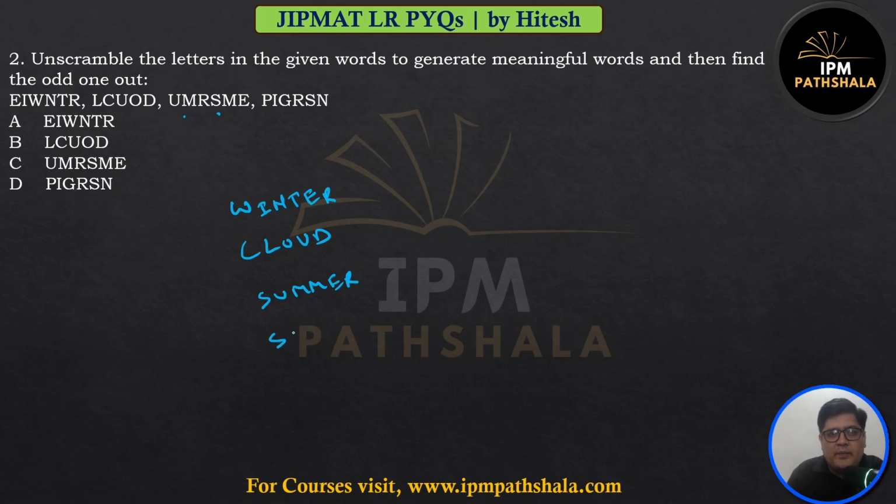This one looks like spring. So these are seasons. Winter is a season, summer is a season, spring is a season. Cloud is not a season. Answer option B. Your ability to solve this faster depends upon your ability to look for patterns in spellings and to recall the word faster.